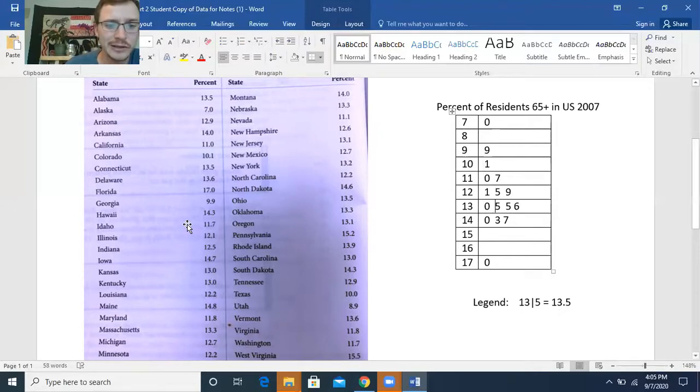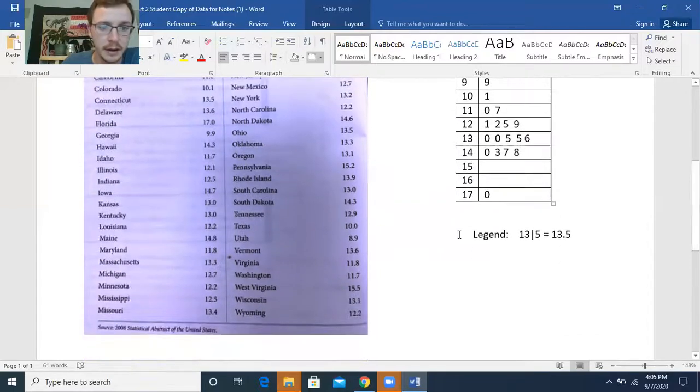And you don't have to do this on a computer. You're more than welcome to do this on a piece of paper. But the thing that you need to make sure is it has a title. You need to make sure it has a legend. So we just did that. Let's do Maine now, 14.8, okay.